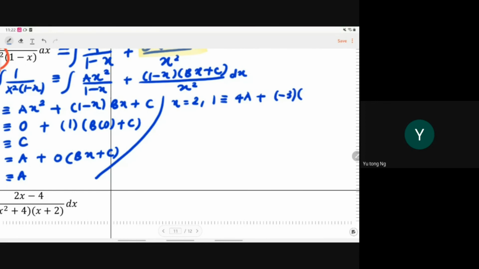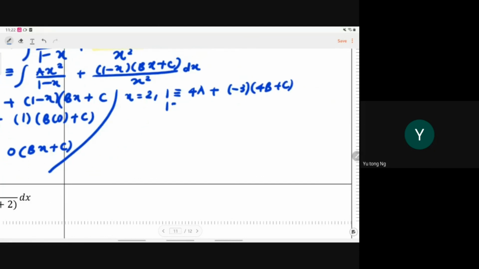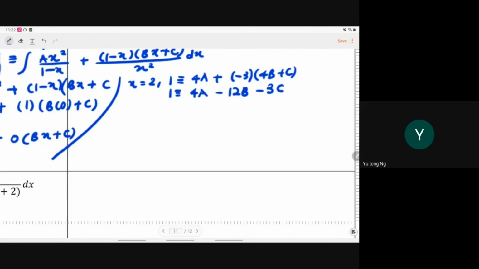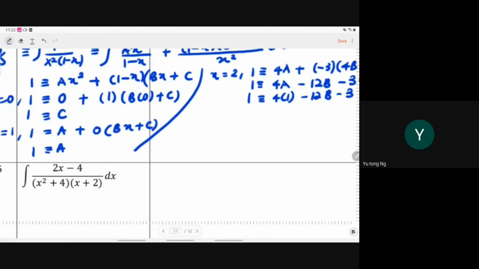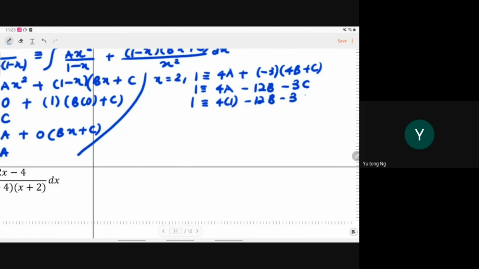Tadi darab dengan 2, so akan jadi 2b plus c. Lepas tu kita teruskan lagi. 1 equals 4a minus 6b minus 3c. So your a tadi adalah 1, minus 6b minus 3. So your c adalah 1 juga.